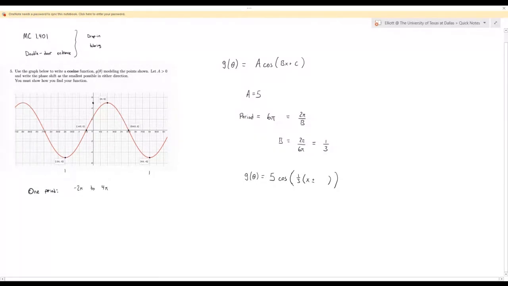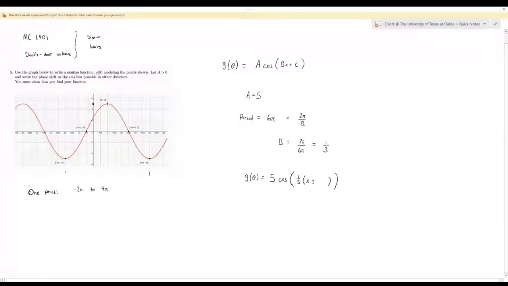Cosine starts at the high point when theta is 0, and then it goes down and up after that. But it looks like that high point has been shifted over some amount.